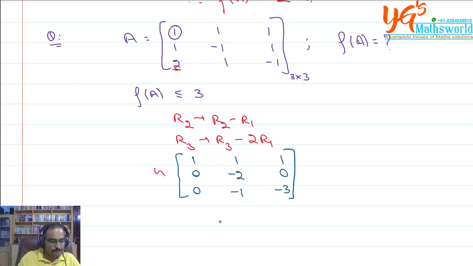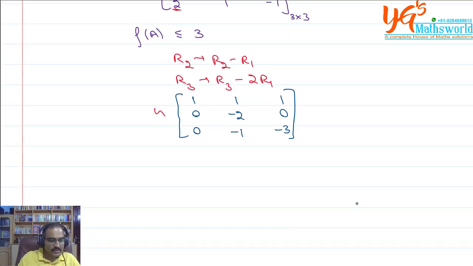Okay, clear? Now what should be the next step from our side? We need to reduce more values. So it will be better for us if we reduce this minus 2 to either 1 or 0. Okay, so I apply the operation on R2, that is minus half of R2.